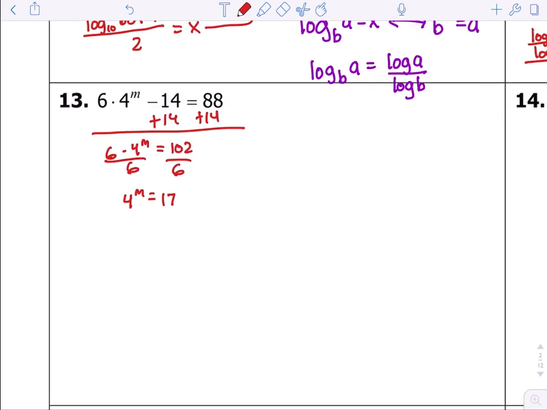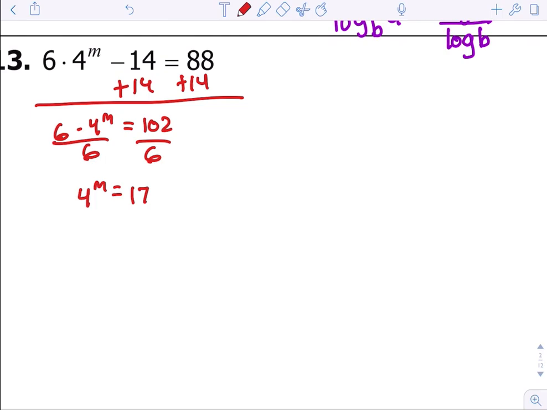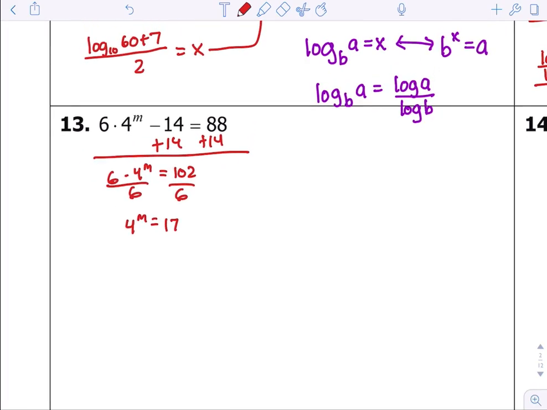Once you get it to that form, we can solve by changing it from exponential form to log form. Our b value is 4, our x value is m, and our a value is 17. Then plugging that into log form, log base 4 of 17 is equal to m. Change of base formula now, so log 17 over log 4 is equal to m.